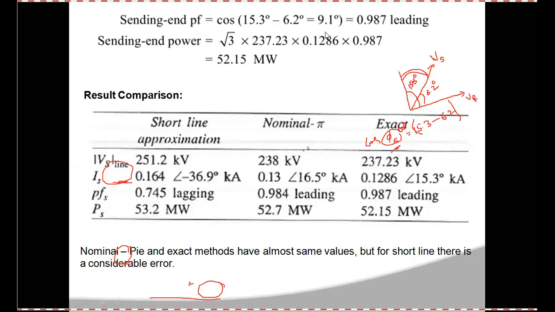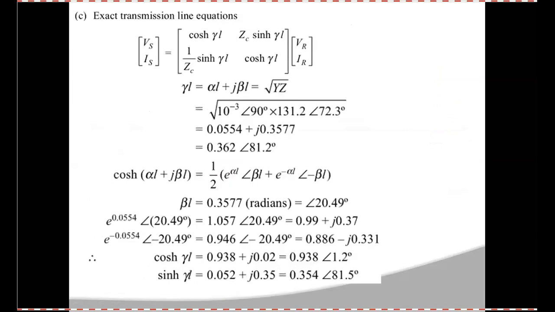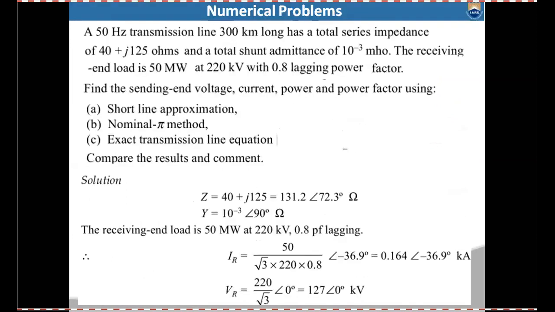Okay, so like this you can calculate the sending end voltage, current, power, and power factor for a transmission line by using all methods, which are the short line approximation method, nominal pi method, and exact transmission line equation.